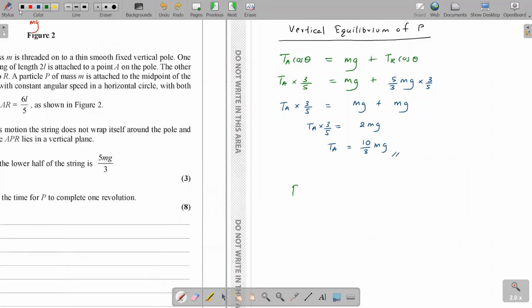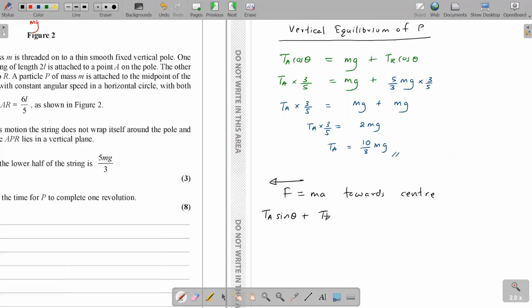So I will apply F equals ma towards the center. So the center is in this direction. So tension A, sorry, not cos theta, it was sine theta, right?